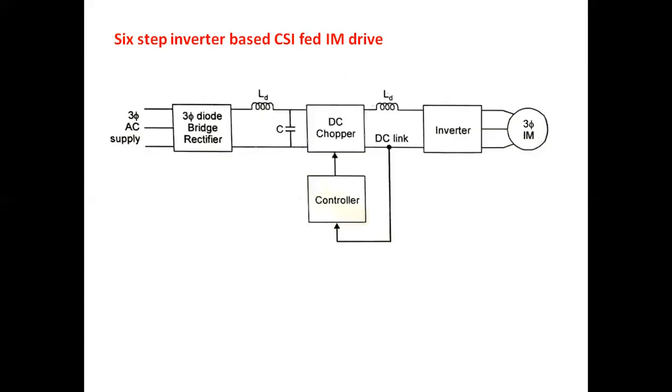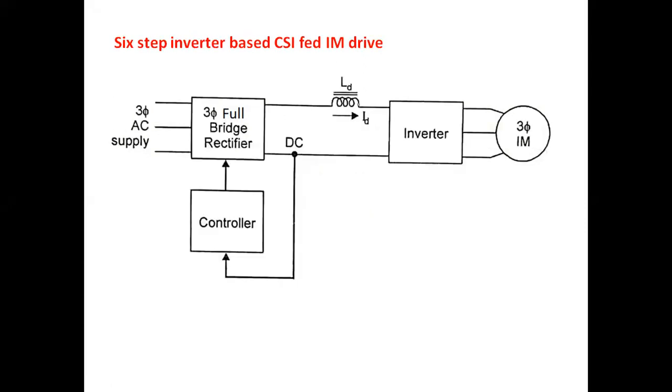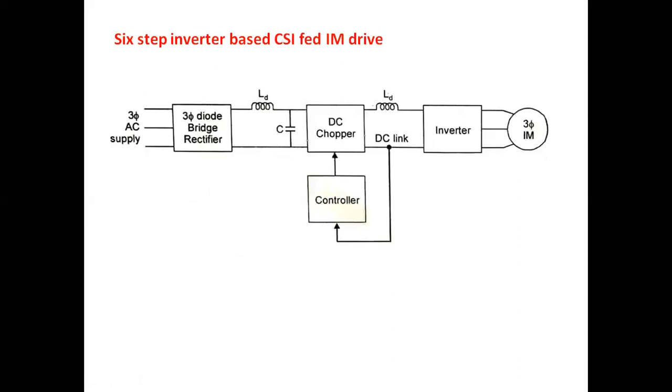Now the second circuit, we can see that it's also a 6-step inverter based CSI fed induction motor drive. What is the difference between these two circuits? Here I used the 3-phase full bridge rectifier. Instead of that, I am using a 3-phase diode bridge rectifier. But a diode bridge rectifier is not capable of controlling the average output voltage.